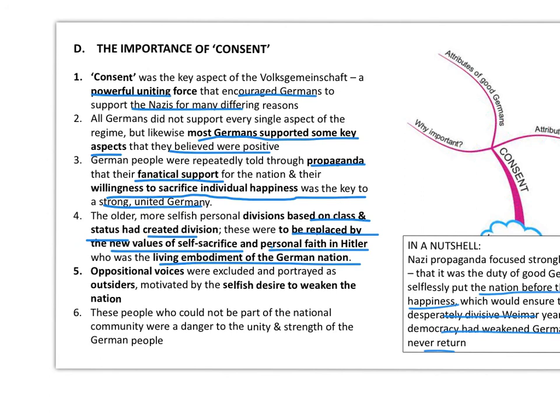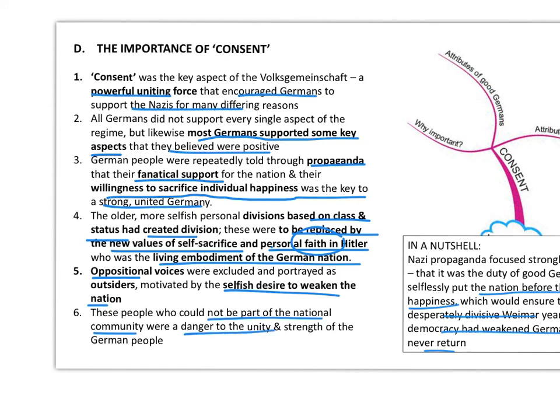So there's that emphasis on faith. Oppositional voices were excluded and portrayed as outsiders, motivated by the selfish desire to weaken the nation. Okay, so anybody who dared to criticize this was then targeted as being selfish, and therefore you are a traitor. So these people could not be part of the national community.